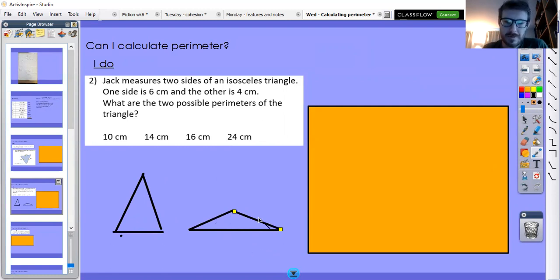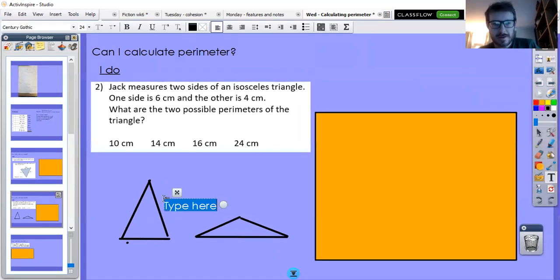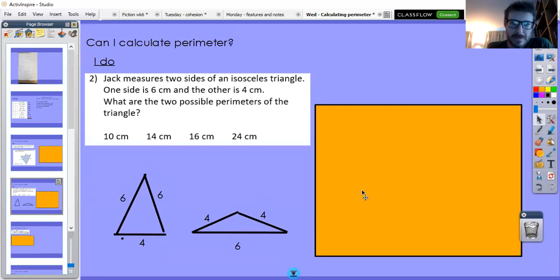So we might have these 2 are 4, this one's 6, or these 2 are 6, and this one is 4. So we've got 2 possibilities. So have a little think. What would the 2 possibilities be? So if this one was 6, 6, and 4, or 4, 4, and 6, what would the two possibilities be? So pause the video and try and work it out now.